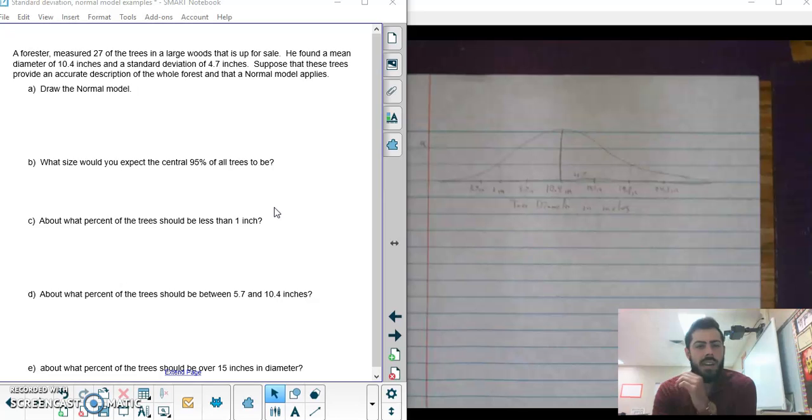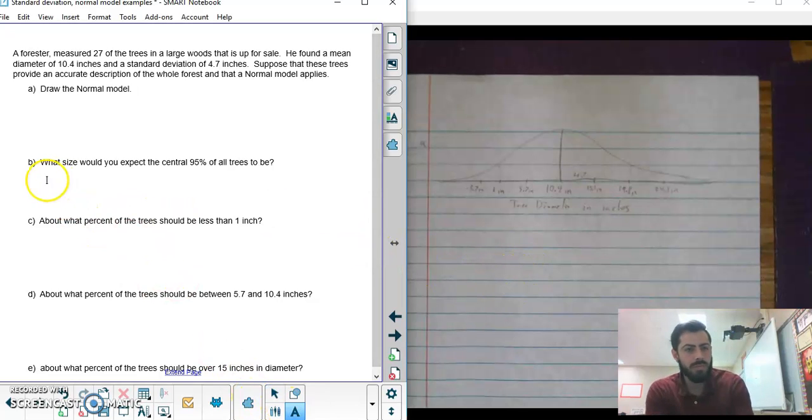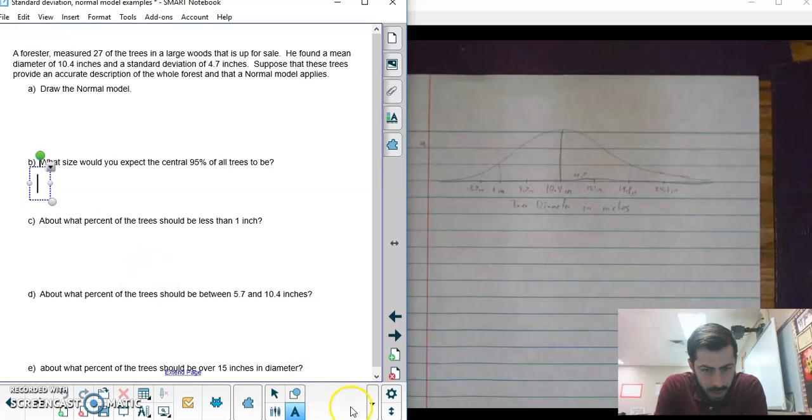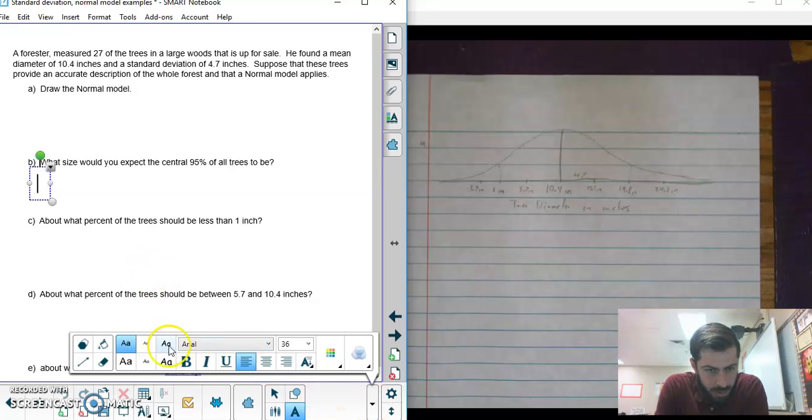We can say, okay, here, I'm going to make my font really small. There we go.